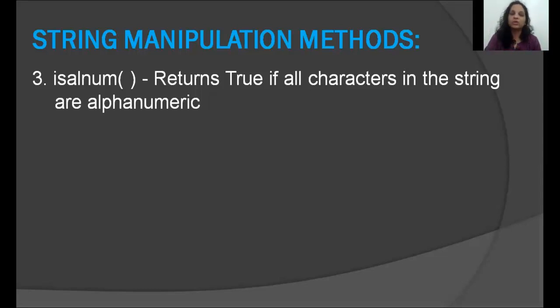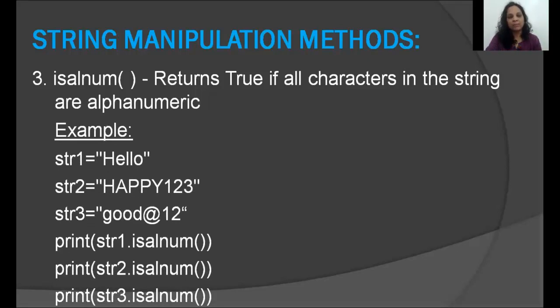Okay, so coming back to isAlNum, if you look at the example here, str1 is all alphabets, str2 is alphabets and digits, str3 is alphabets, digit, and a special character. So the first two strings, str1 and str2, when used with isAlNum, will give me true, because they only consist of alphabets or digits or both.